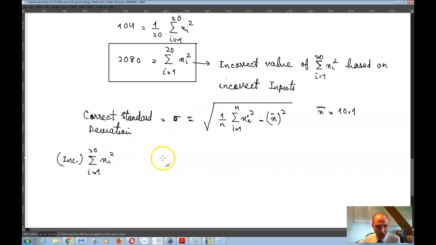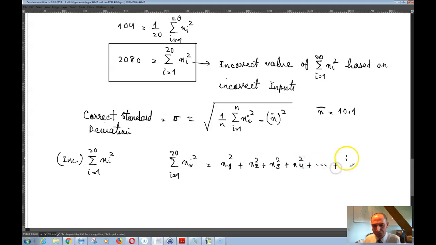If you expand sigma of x of I squared as I goes from 1 to 20, that would be x of 1 squared plus x of 2 squared plus x of 3 squared plus x of 4 squared plus all the way up to x of 20 squared.